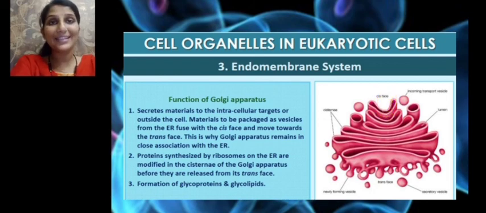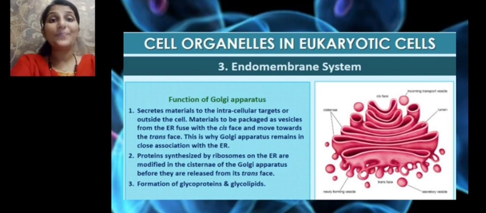So materials released from the endoplasmic reticulum, that is steroid hormones, lipids and proteins, which are synthesized by the endoplasmic reticulum and have to be packaged in the form of vesicles, fuse with the cis phase, which is the forming phase, and then move from the cis phase towards the trans phase.